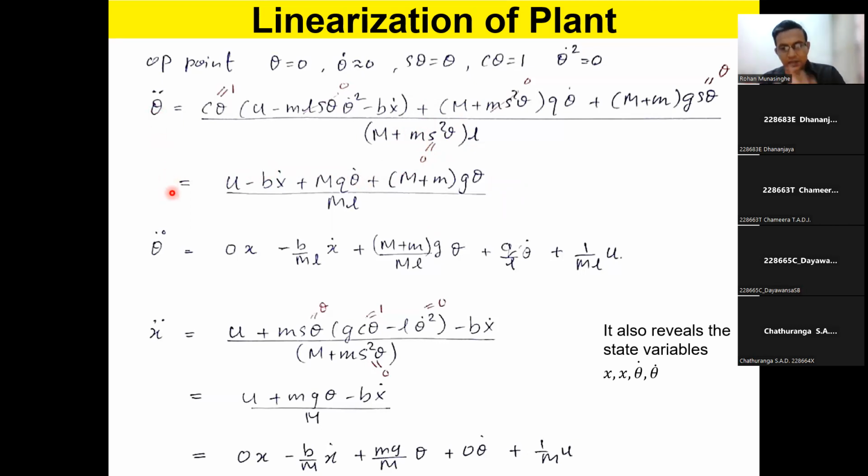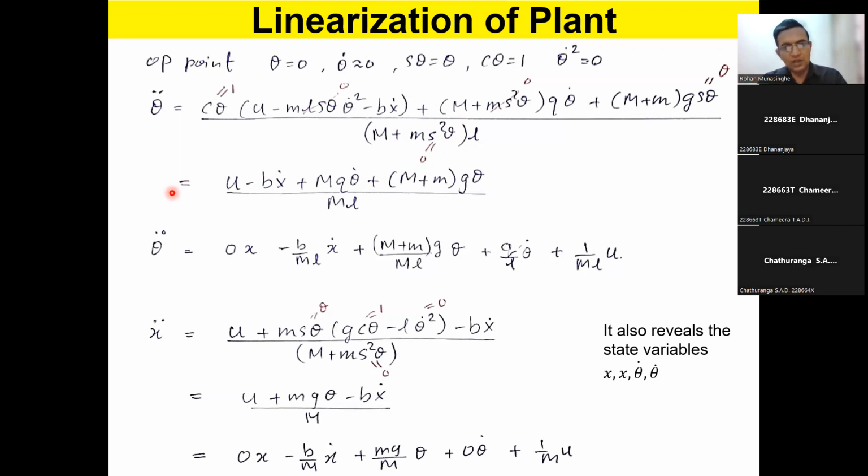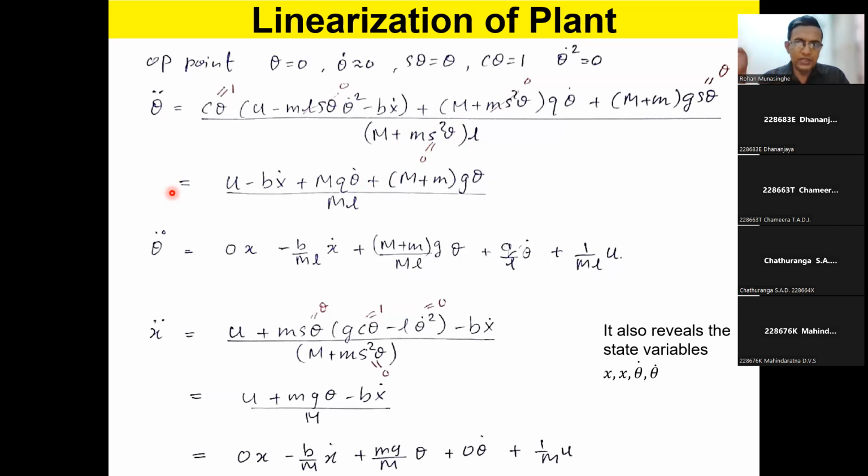Now see, this is how you do the linearization. It's not just a mathematical process. You have to look at the physics and decide, okay, I'm going to keep the plant in that state, and it has to be a reasonable state. You can't have anything of your own which doesn't agree with the physics. These assumptions are actually reasonable assumptions.